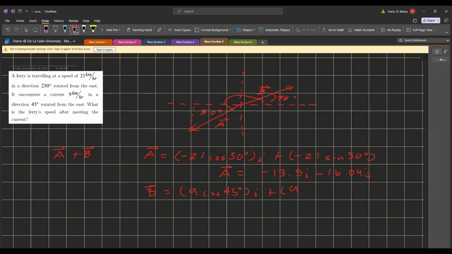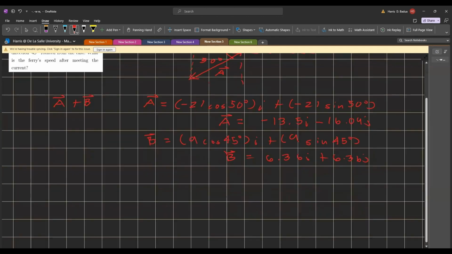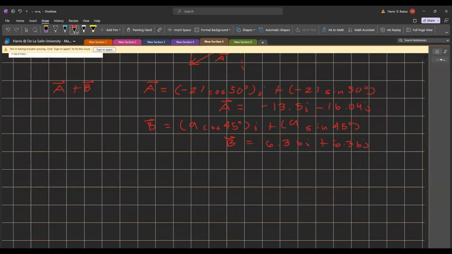The opposite side of y, so that's sine 45 degrees. So our vector B is 6.36i plus 6.36j.